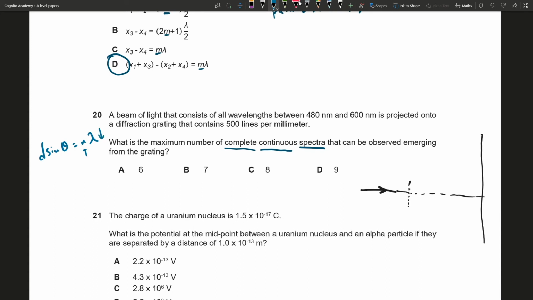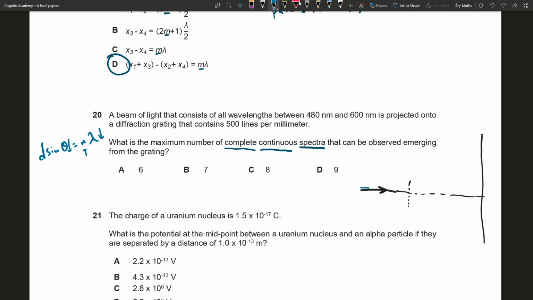Because d is the spacing between the diffraction grating lines, which doesn't change, if lambda decreases, sine theta will have to decrease, meaning theta will have to decrease itself. Meaning, the smaller the wavelength, the smaller the diffraction angle.